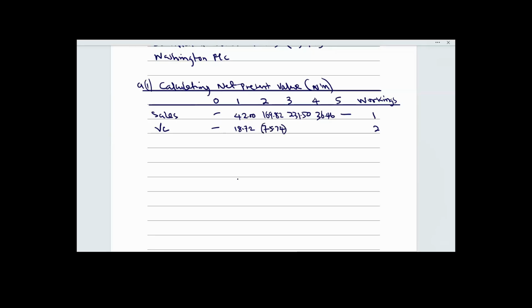So cash outflow. Year 3? 143.38. Okay. Year 4. 23.86. Thank you. So that's that.